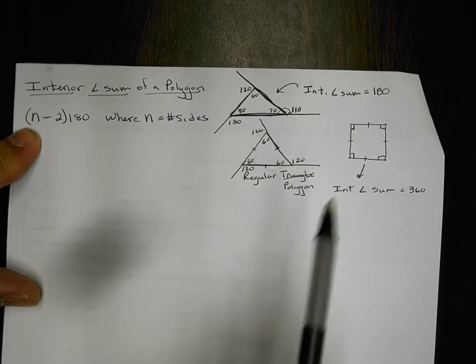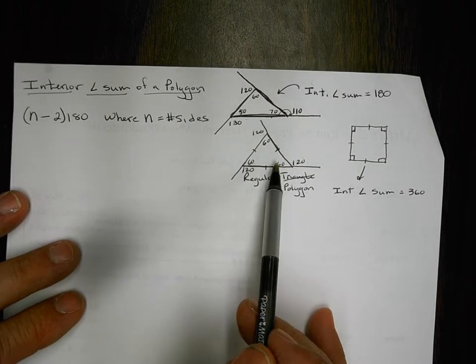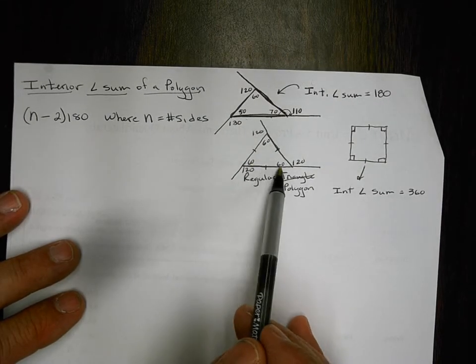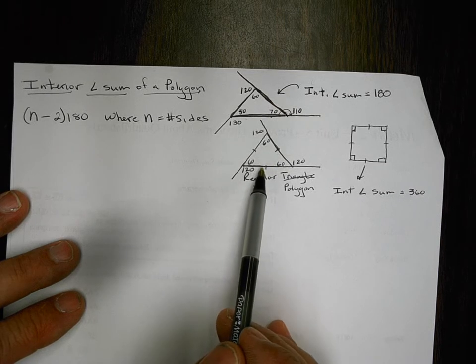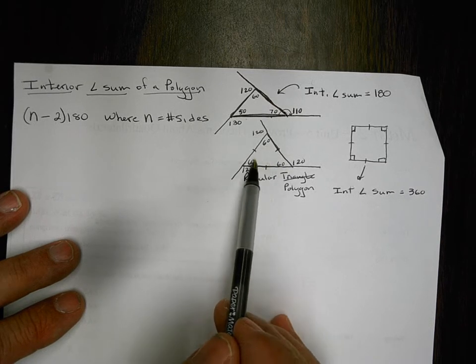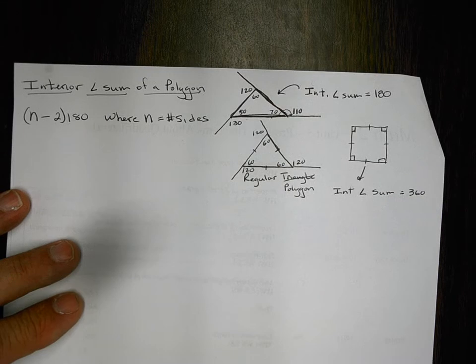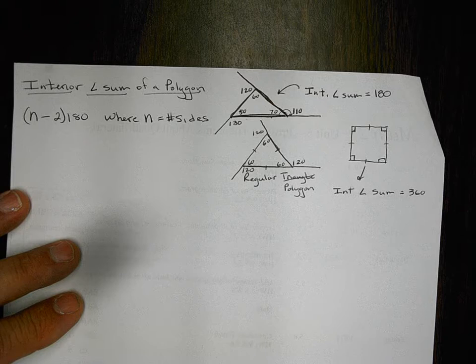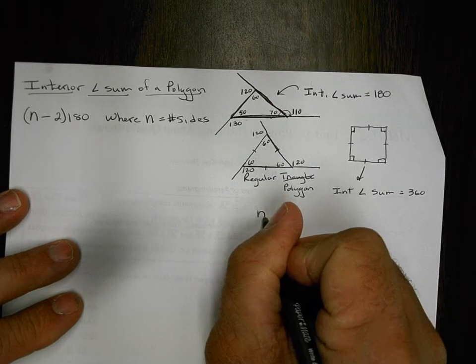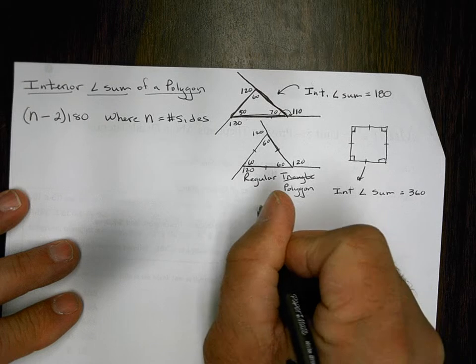Now, let's take a look at our triangle here. We have a regular triangle here, and all three angles are 60 degrees, aren't they? Because in a regular polygon, the interior angles are all congruent. So, to find the sum of the interior angles of a triangle, what would we do? We would use n minus 2 times 180, correct?